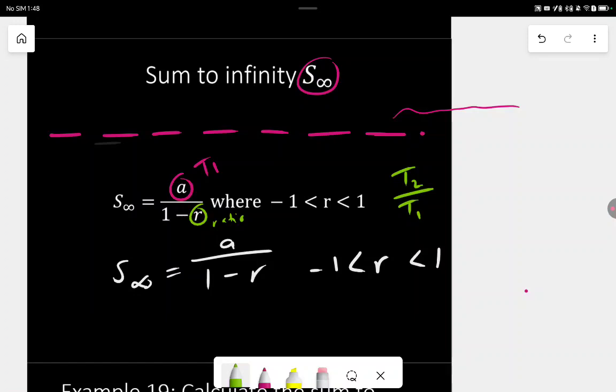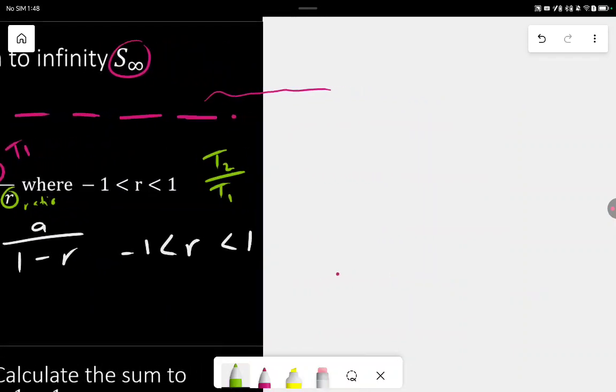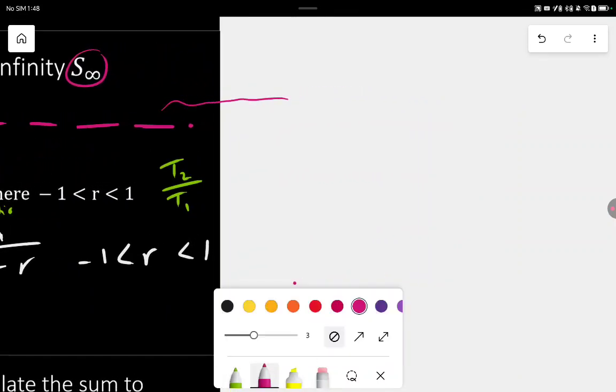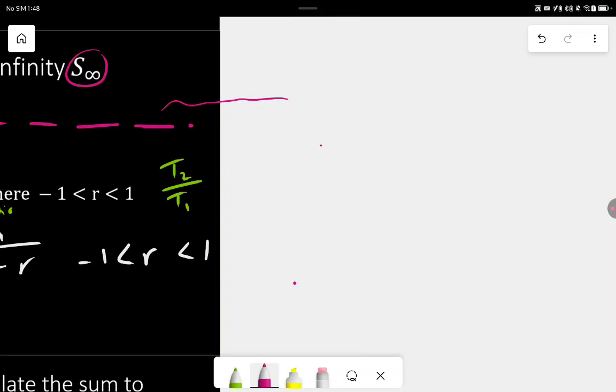Now, there are two possible scenarios that you can have. If I am adding fractions or decimals or smaller numbers, you can have a situation where the sum to infinity converges. Converges means that as n goes up, the S of n goes towards a specific number.